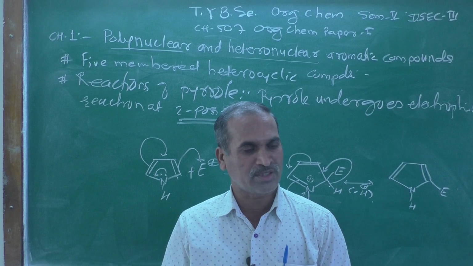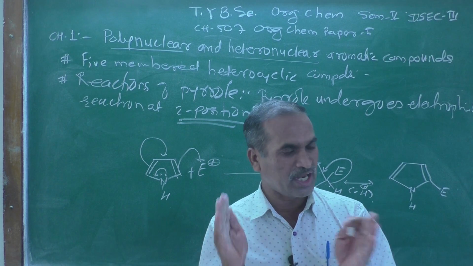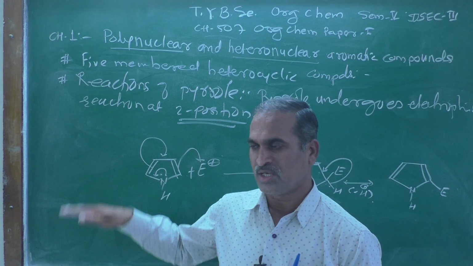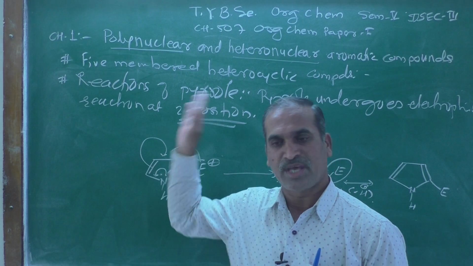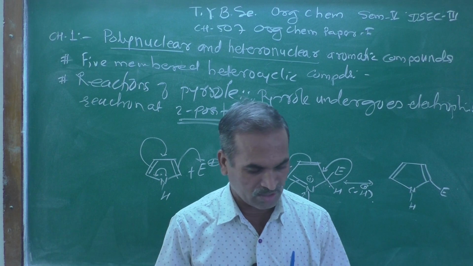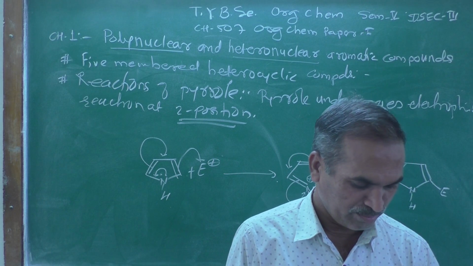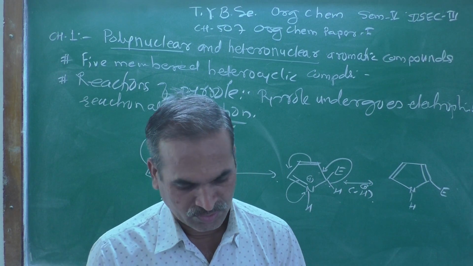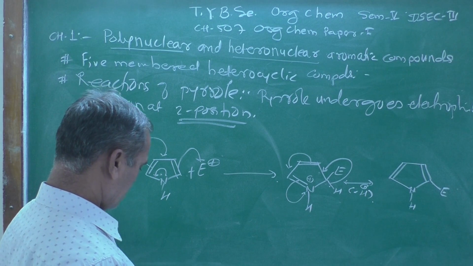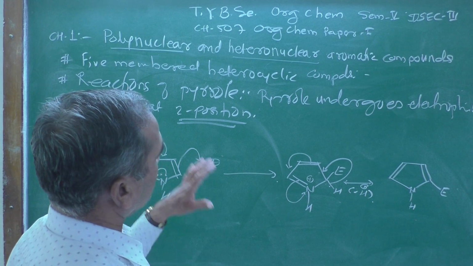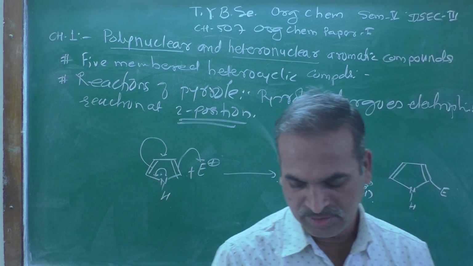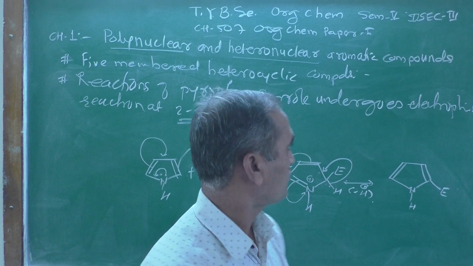The same reactions we are going to carry out, only the starting material is different. In that case it is furan, but in this case it is pyrrole, and these are the 5 main reactions we are going to discuss here. Let's start with the first one, that is sulfonation.